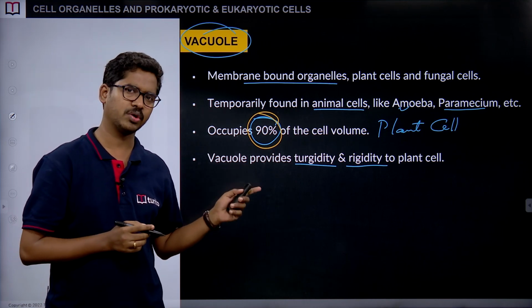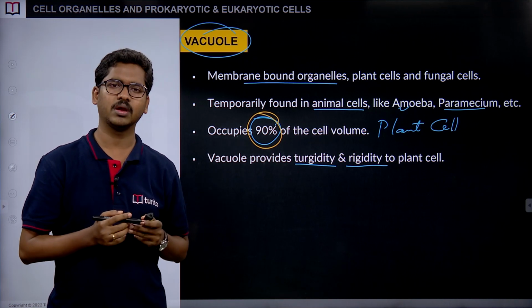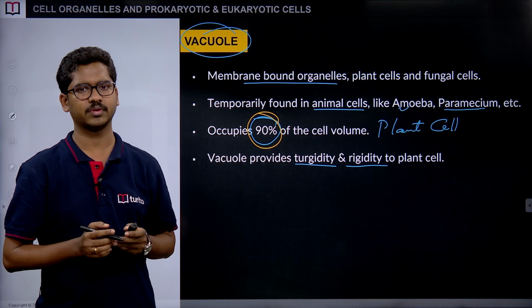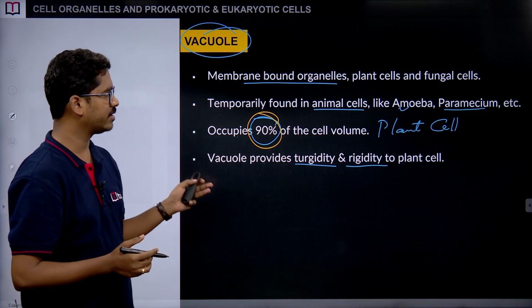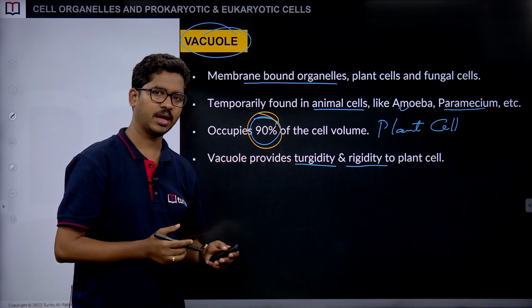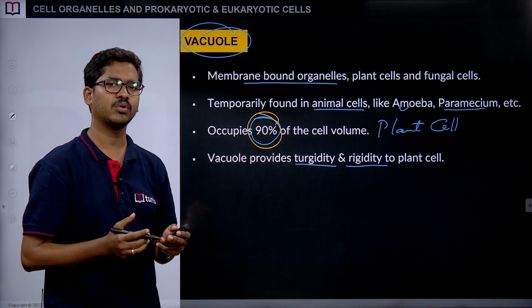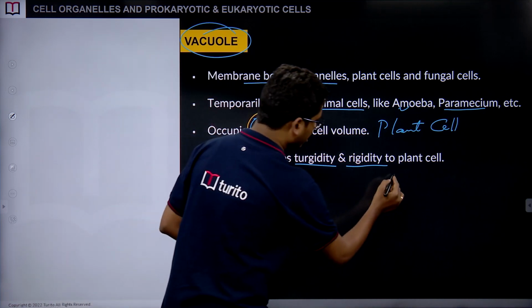When it comes to vacuole, it also contains water, that is what I said. Along with water, it has many solutes within itself. Because of this excess water, it increases its size anyway, and that vacuole which is having a lot of water puts a whole lot of pressure on the cell wall.